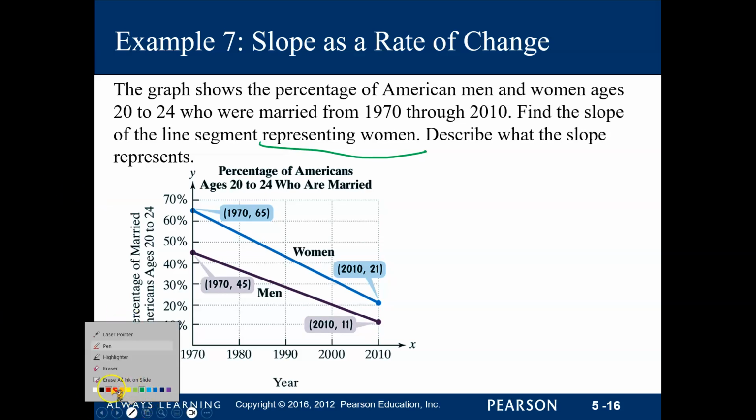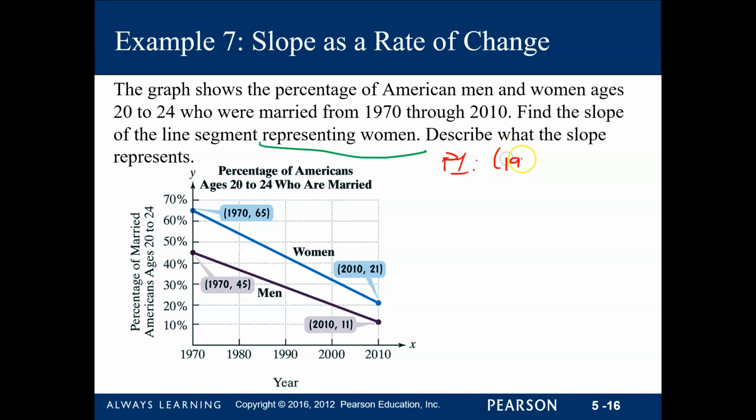So in our case, let's pick out 2 exact points over here from the women, okay? So here we have 1970, so point number 1 is (1970, 65). Oops, sorry. Point number 2 is (2010, 21). Okay, 21%.